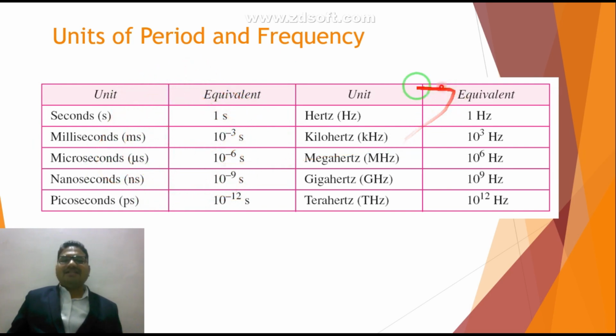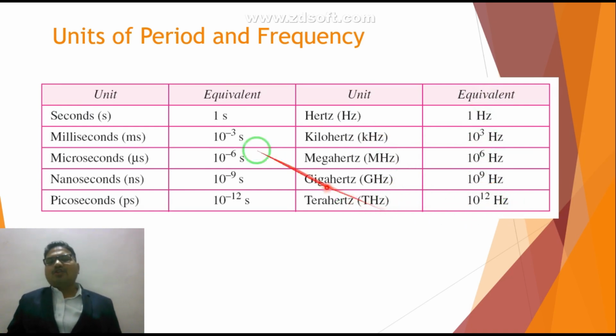And these are the units of your frequency. Hertz, denoted by Hz. Kilohertz means 10 raised to 3 hertz. Mega means 10 raised to 6. Giga means 10 raised to 9. And tera means 10 raised to 12 hertz. Please note these down, because in numericals and further lectures you require this.